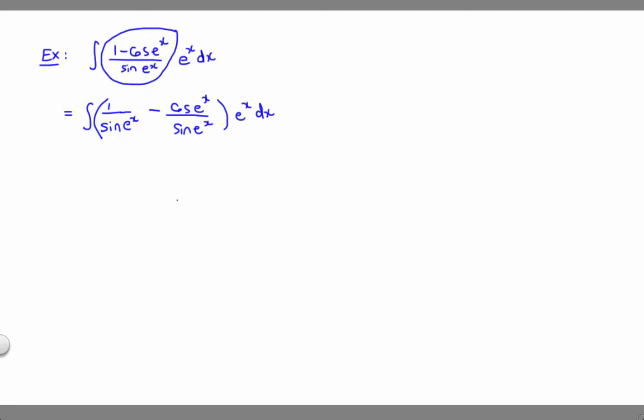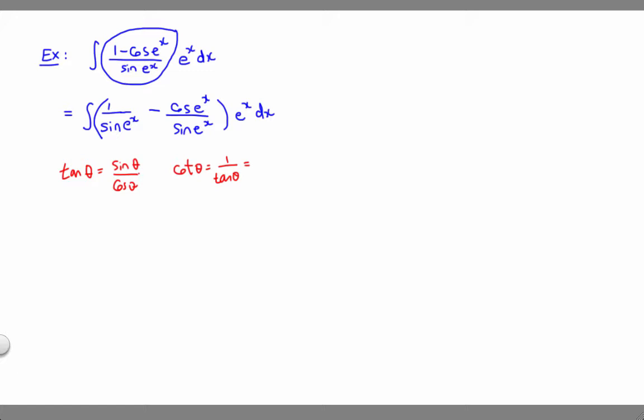Okay, so we're on the right track. In order to move forward, we need to remember a few more identities. So let's remember that all the trig functions can be written in terms of sine and cosine. Tan theta is sine theta over cos theta. Cotangent theta is the reciprocal of tan theta.